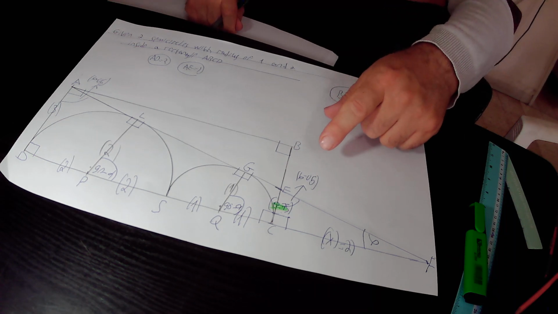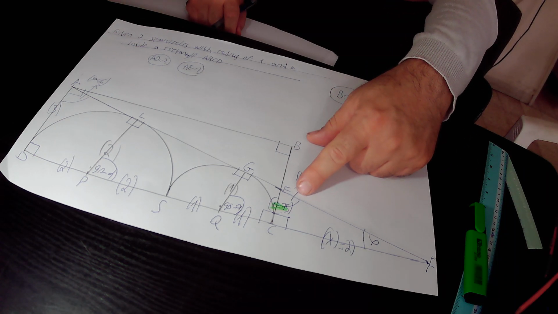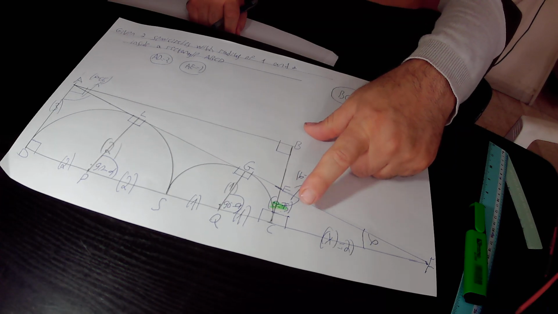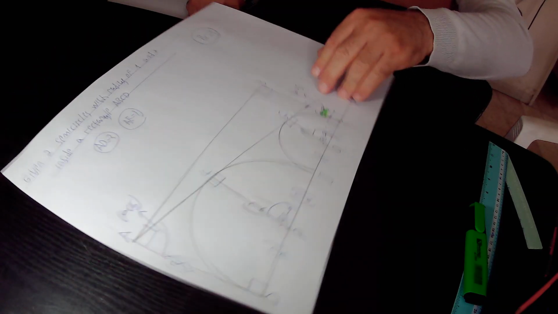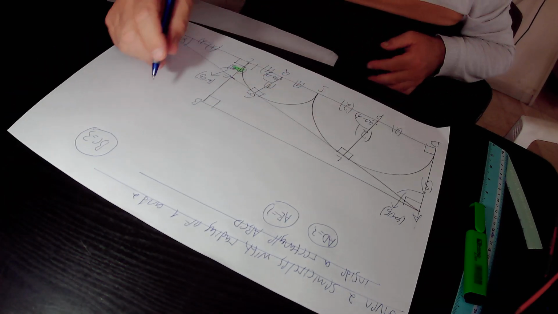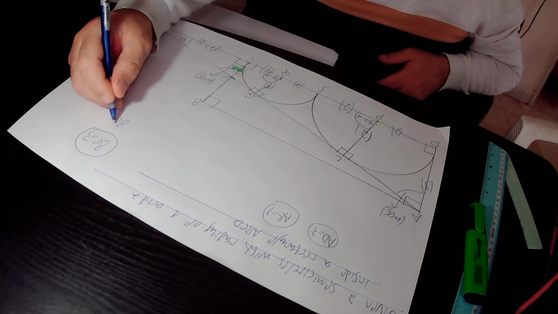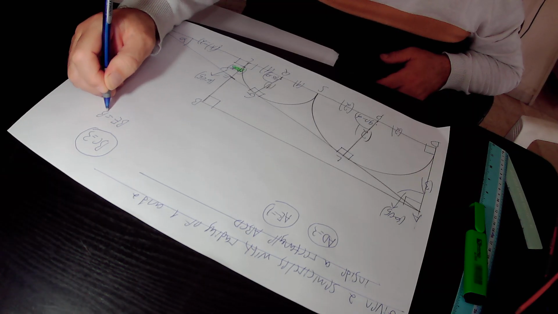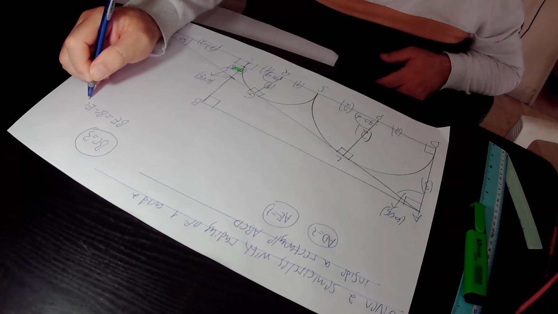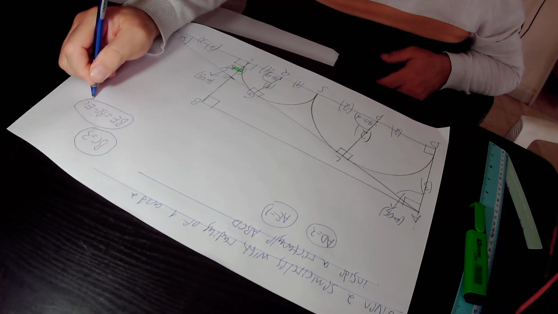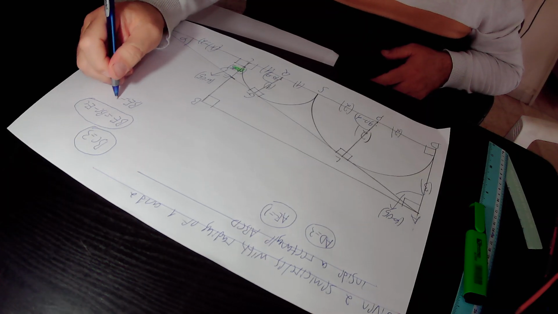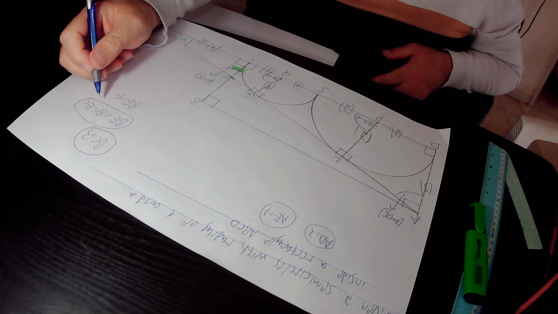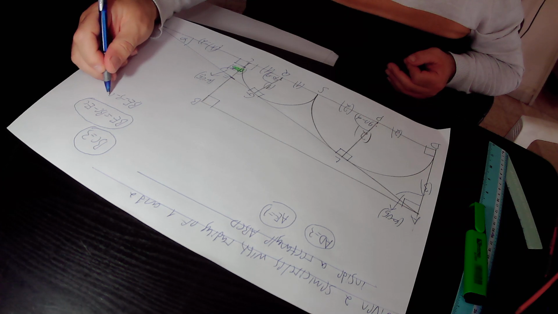What is the length of this missing segment BE? From the drawing, it is very easy to see that BE equals BC minus EC. Again, BE equals BC minus EC. BC is 3, minus EC, which is 0.75.